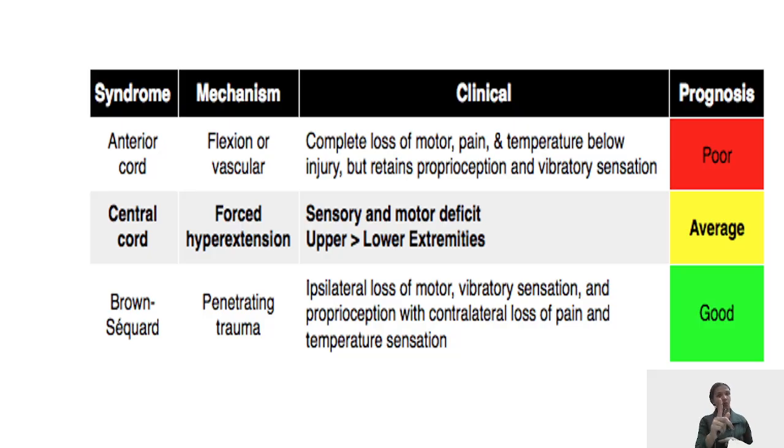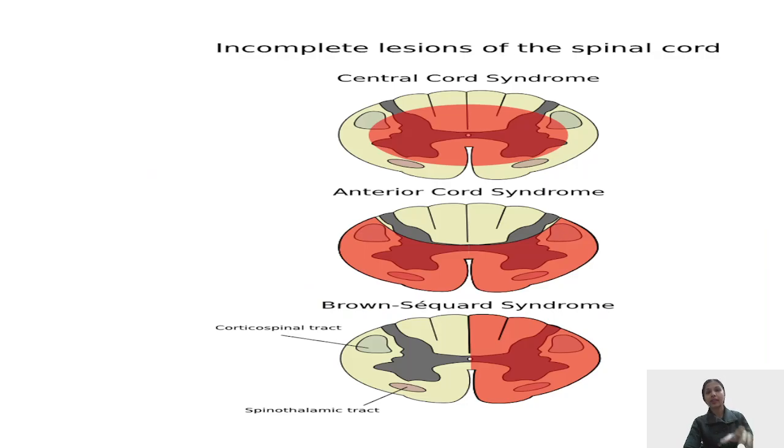I repeat just once again, in the anterior cord syndrome, we have the loss of the ventral columns. Thus, your motor, pain, temperature goes, whereas your dorsal columns, which supply the vibration and the proprioception, are preserved. In the central cord syndrome, that is the area which supplies your upper limbs, so your upper limbs go more than your lower limbs.